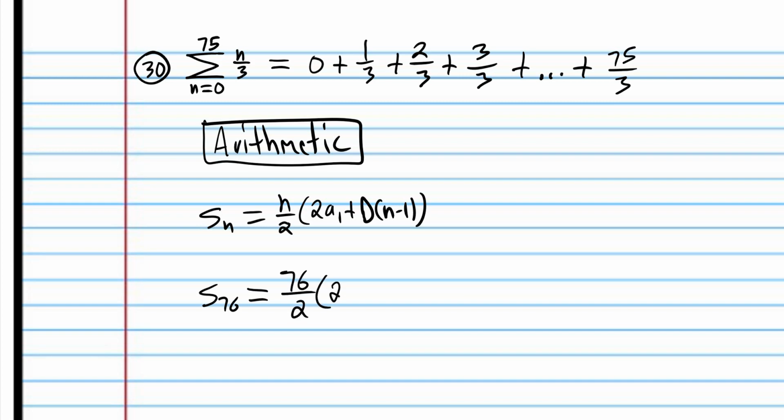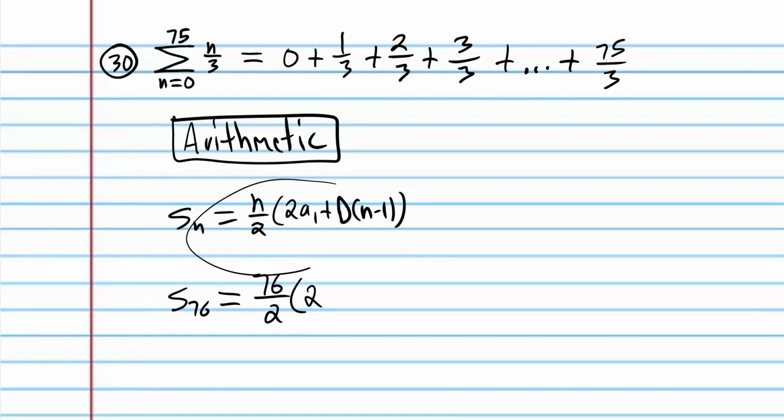I know that's really confusing, but that's why we're doing these problems. So I want you to get practice with using this formula, making sure that you're using it correctly. So again, I'm making the first term 0. Common difference is obviously 1/3.